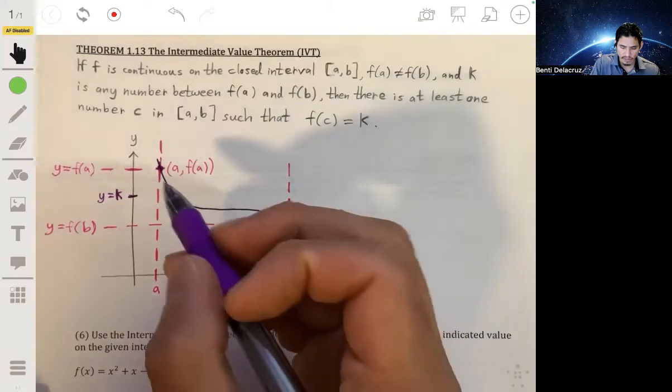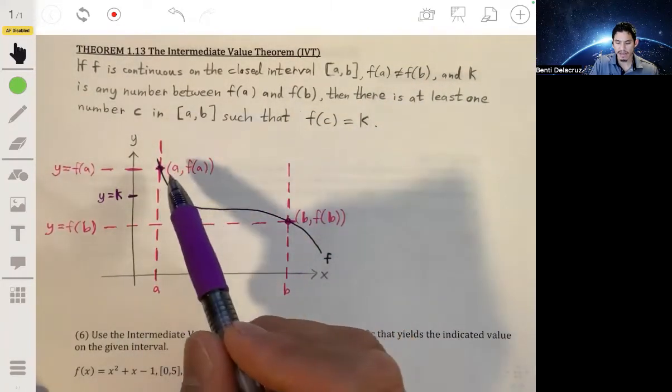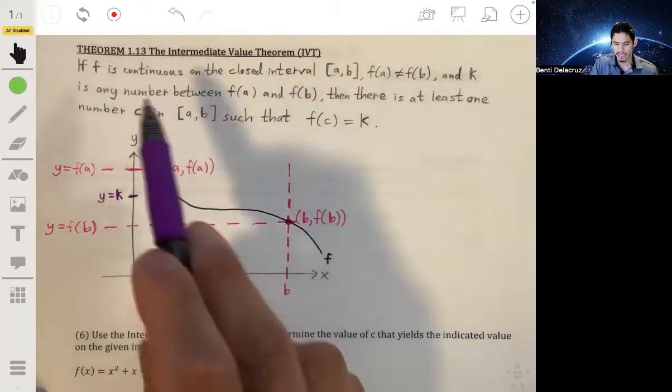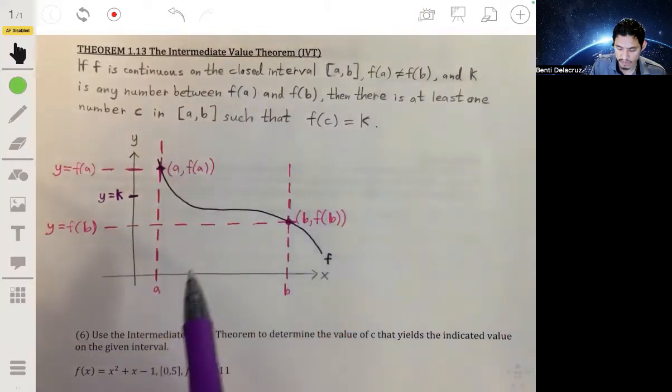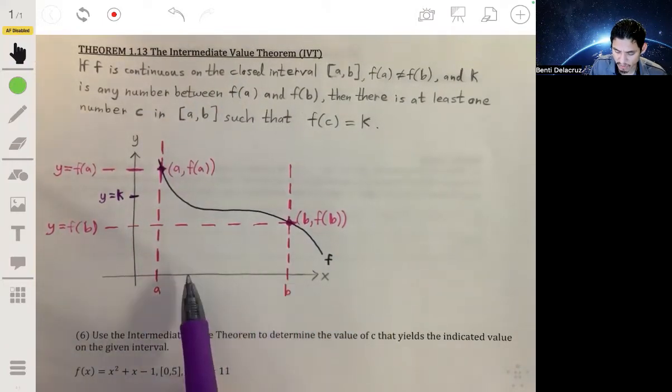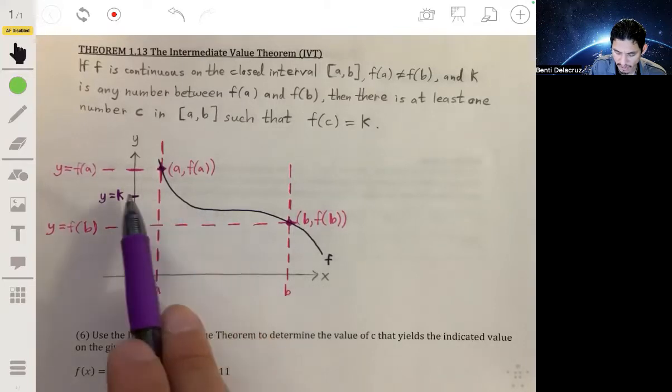Now, what this is saying is that this graph must have an x value, in this case c, a c value between a and b, where if you plug c into the function, the graph would give you the k value.